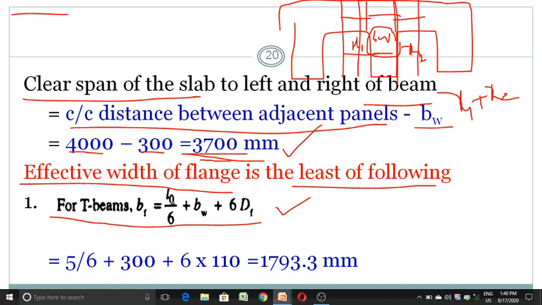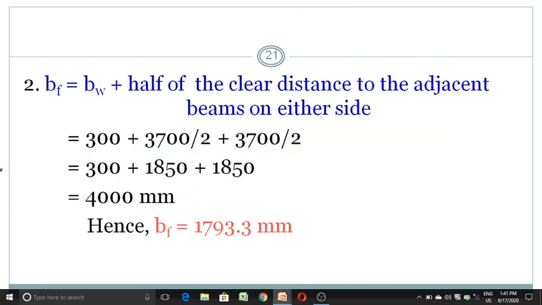BF equals L0 by 6 plus BW plus 6 into DF. For that, 5 by 6, where L0 is 5 and 6 is given in the formula. BW is 300, the width of the web, and 6 into DF is 6 into 110. We'll get 1793.3. Then another condition is BF. We know what that BF is.